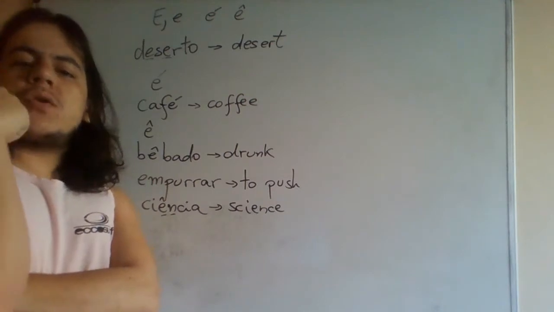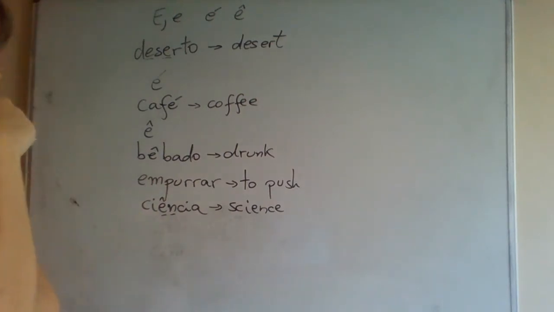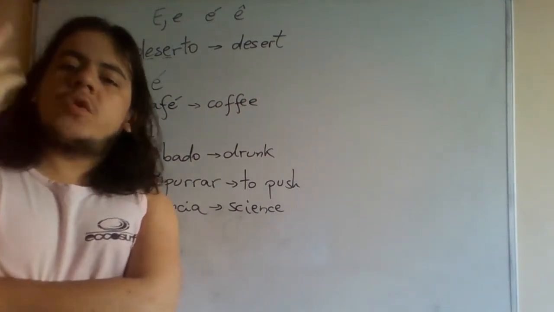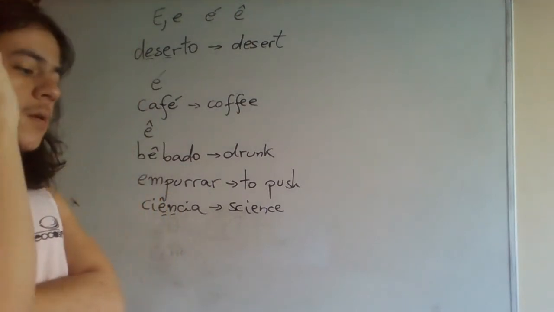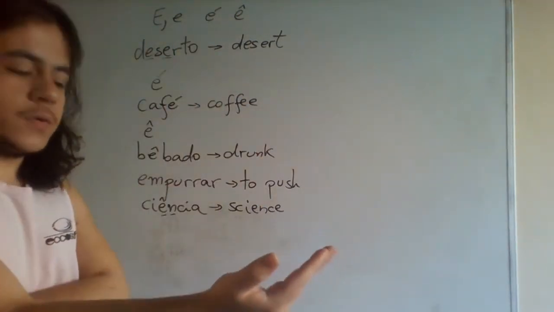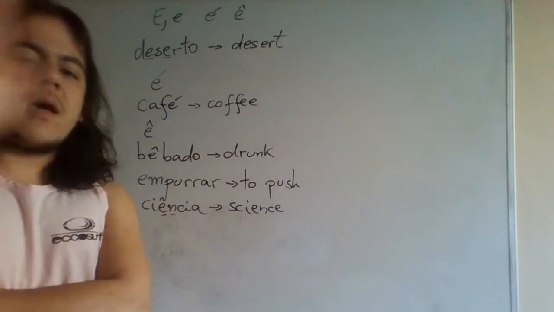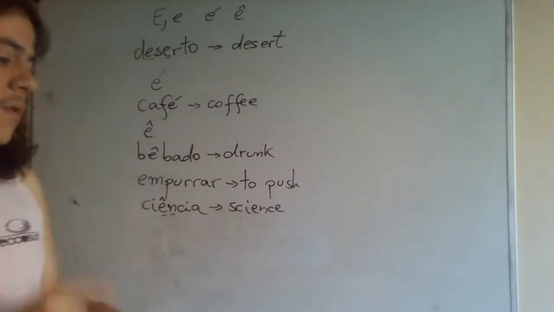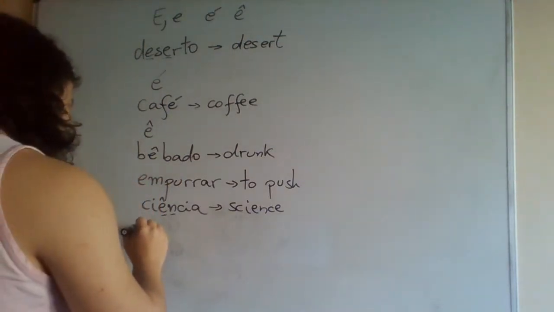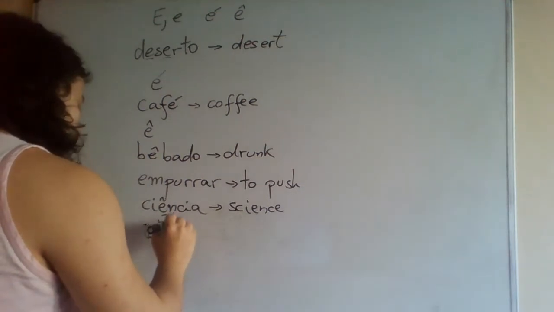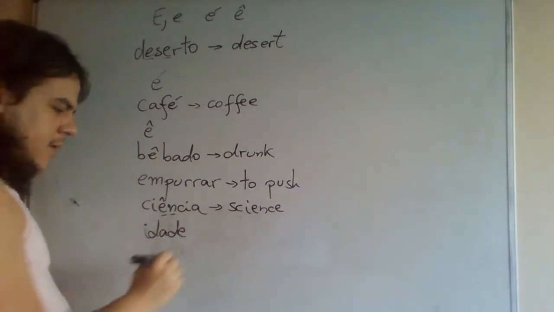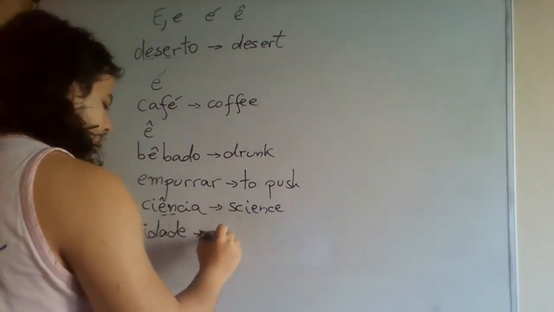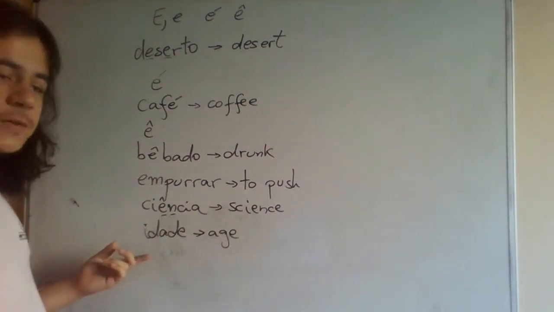And letter E can also have a different sound when it comes at the end of a word, and it doesn't have any accent. For example, we have this word here that means age, idade.